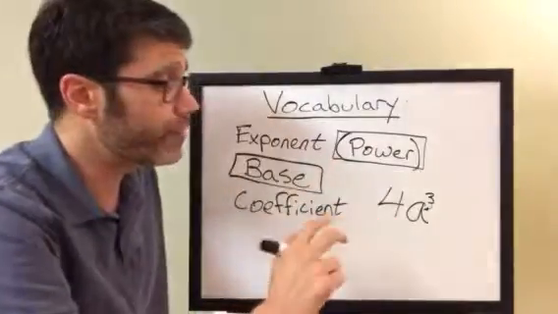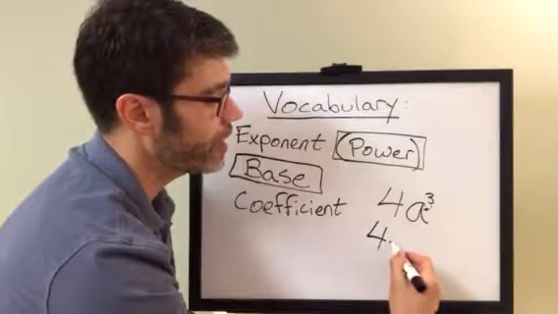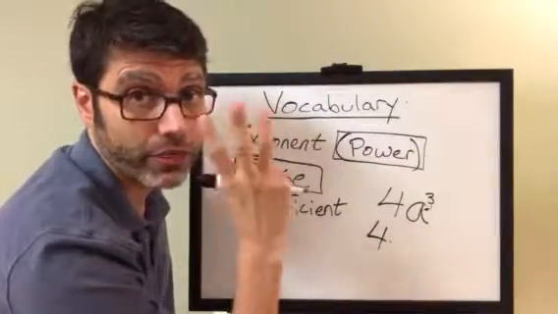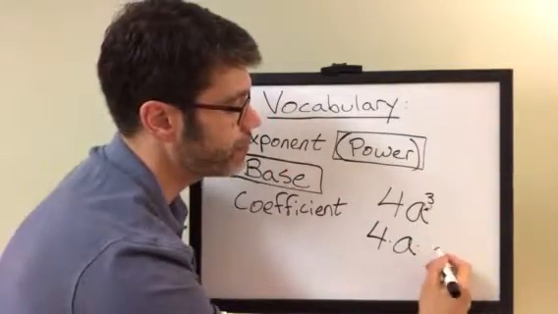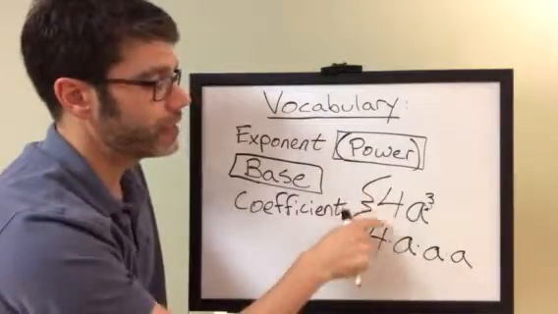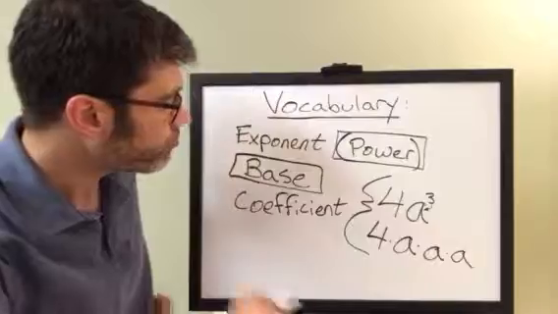So if we were to expand this out, this would be 4 times, and then a is being multiplied against itself 3 times. So that would be a times a times a. This is an equivalent expression to this first expression, okay?